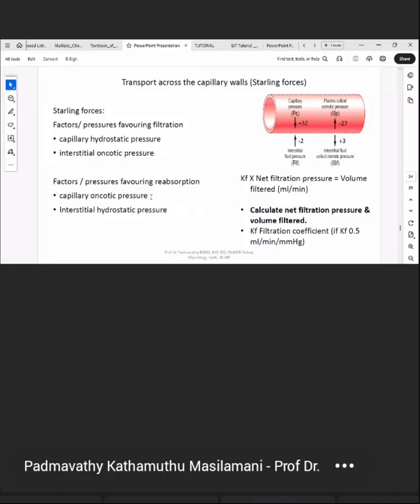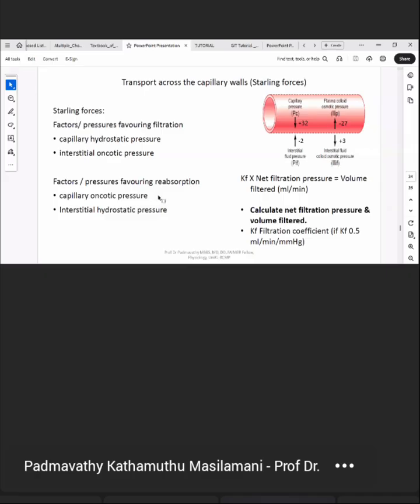Suppose the plasma protein is less, that will cause hypoproteinemia. That will cause edema formation. So at least for one force, you can determine what determines the pressure. The capillary hydrostatic pressure is determined by the blood pressure. So anything that increases the arterial pressure or the venous pressure will increase the hydrostatic pressure in the capillary. And the oncotic pressure is determined by plasma protein.